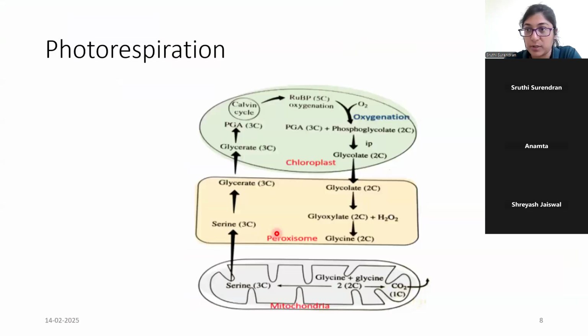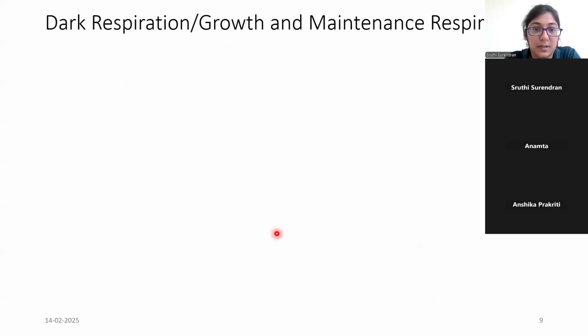We also talked about photorespiration, the process in which, instead of carbon dioxide, RuBP combines with oxygen with the help of the Rubisco enzyme, and it goes through a series of cycles that waste the carbon dioxide, which can otherwise be fixed for the generation of carbohydrate molecules. So it's a wasteful process, as a result of which a lot of energy is lost. This is one major reason for the evolution of C4 photosynthesis.